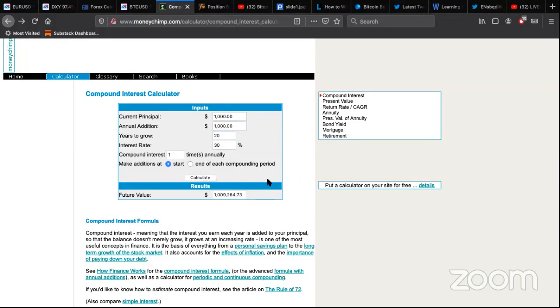It's a big difference. So I think it's very important as a trader, and this is the one thing that I wish I understood when I first started out trading, that you need to be very long-term minded. You need to be able to allow compounding interest to do its thing and do its work.